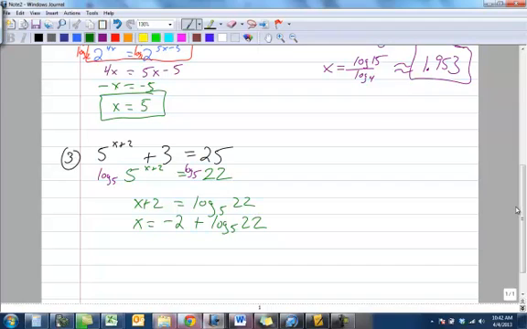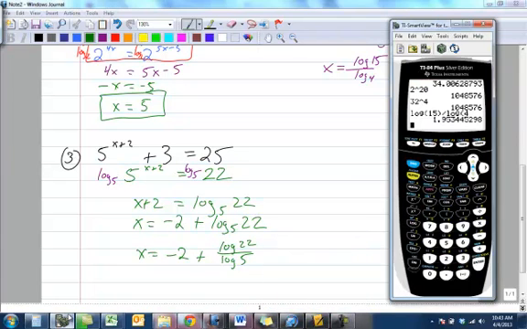So let's put that in our calculator. This is going to be x is equal to negative 2 plus the log of 22 divided by the log of 5. Now, a calculator is capable of putting that whole darn thing in here, right? Check it. Negative 2 plus the log of 22, close parentheses, divided by the log of 5.